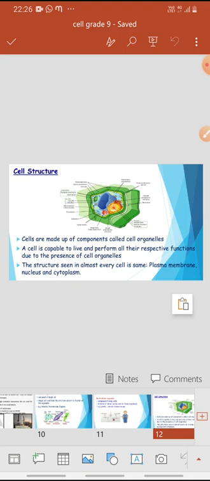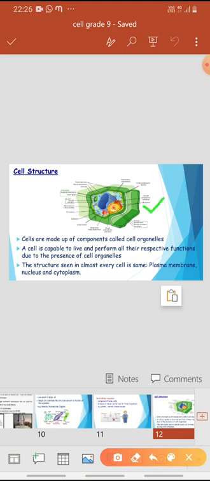The structure seen in almost every cell is the same, that is plasma membrane, nucleus and cytoplasm. You can have a look at this picture. This is called cell structure with cell organelles. Is it clear? Did you all enjoy?